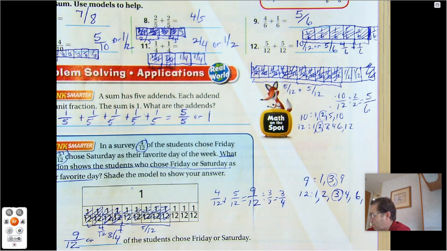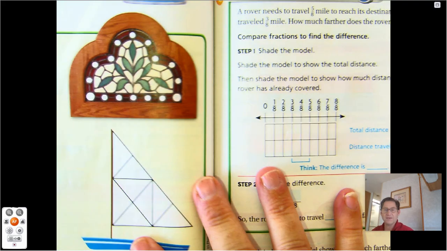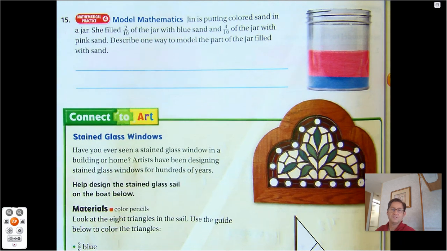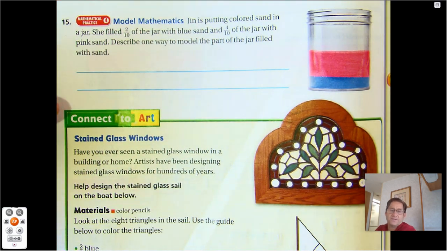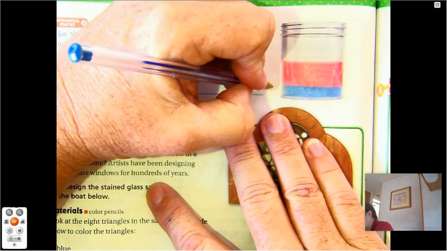15 on page 290. Jen is putting colored sand in a jar. She filled 2/10 of the jar with blue sand, 4/10 of the jar with pink sand. Describe one way to model the part of the jar filled with sand. Okay. Well, we could call that 2/10.